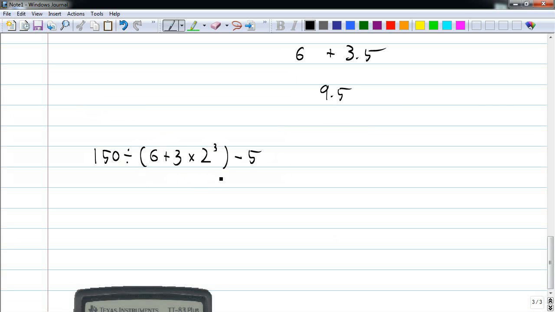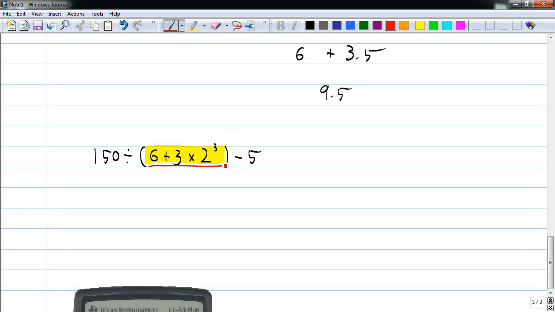I have a set of parentheses right here, so I do what's in here first. When you have a set of parentheses, what's inside, you repeat the order of operations on. So in this little section, I'm repeating the order of operations again.